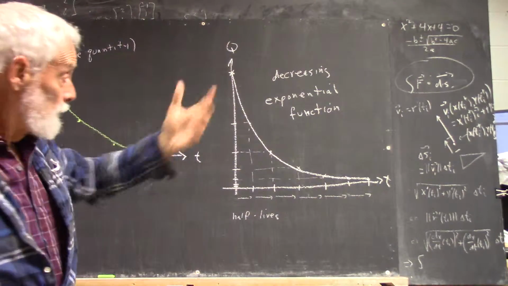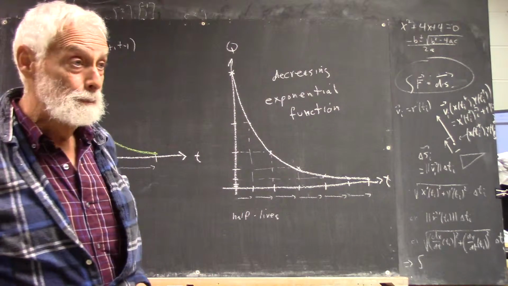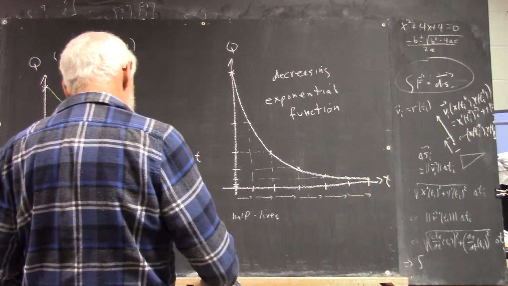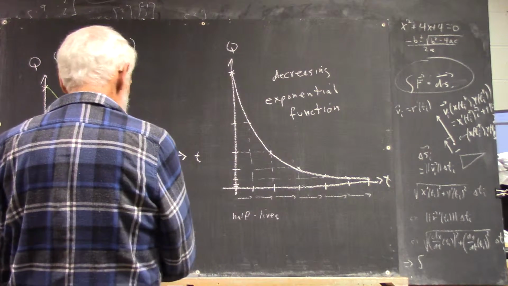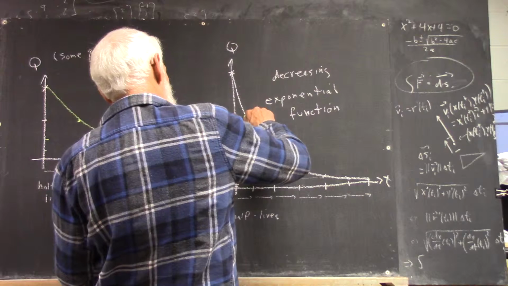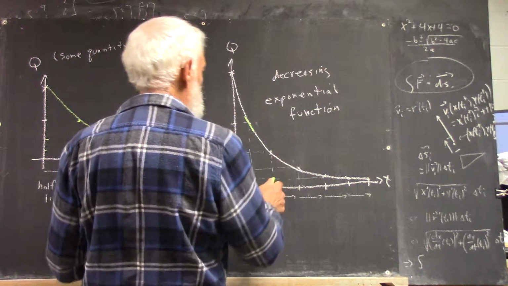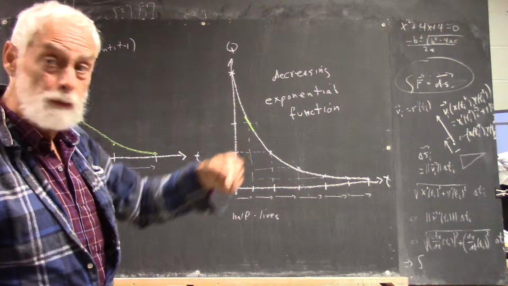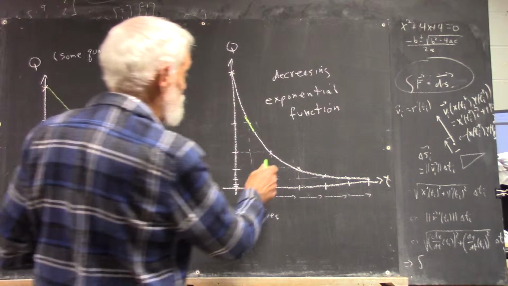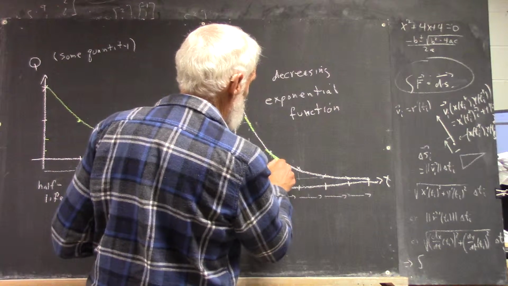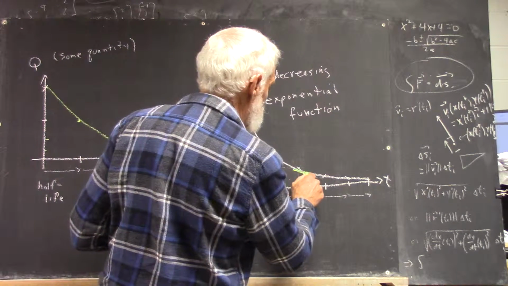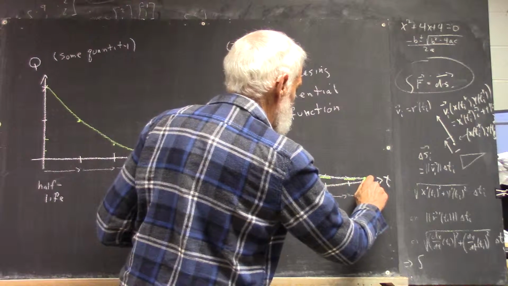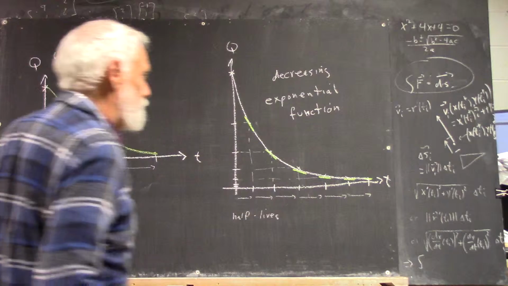Now, this exponential function has some properties, like there's a tangent line. Know what a tangent line is? It's a line that just touches the curve at one point. Tangent line here, tangent line here, tangent line here, and so on.